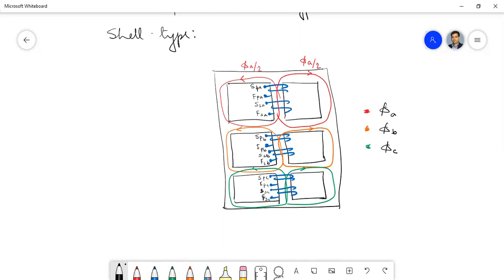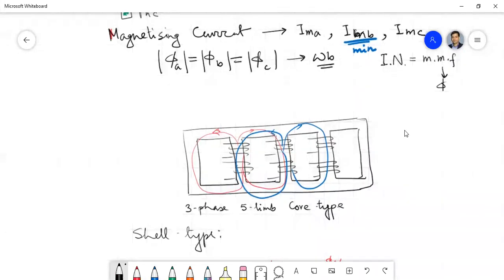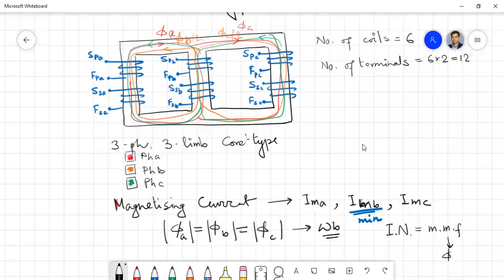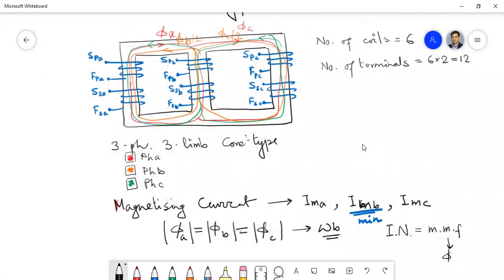Now here the figure is quite clear, meaning quite clean, compared to the previous figure. The previous figure, the figure for the core type transformer or 3-limb core type transformer, was quite clumsy, because we had to draw all the lines everywhere.